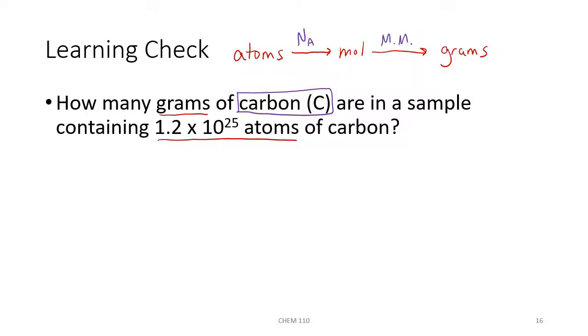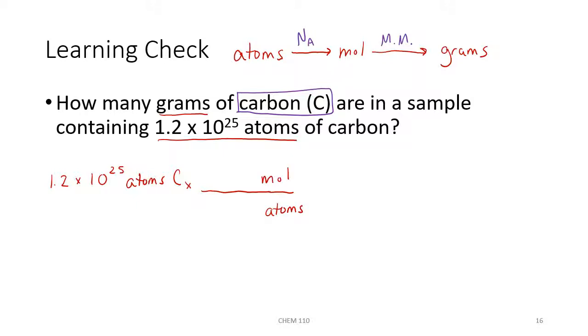So let's start. We have 1.2 times 10 to the 25th atoms of carbon. And next we're going to use Avogadro's number. Atoms are going to have to go in the denominator, so they cancel.